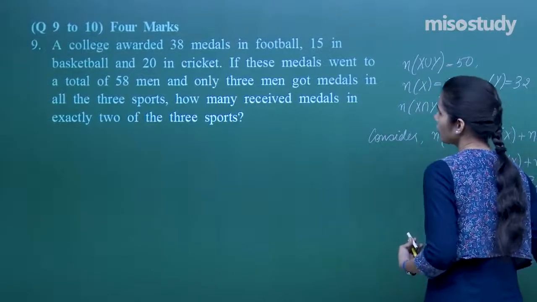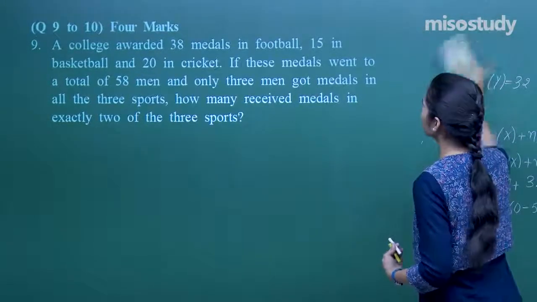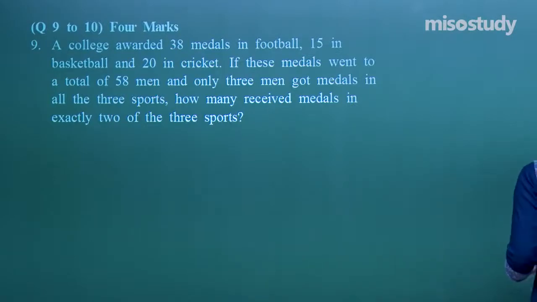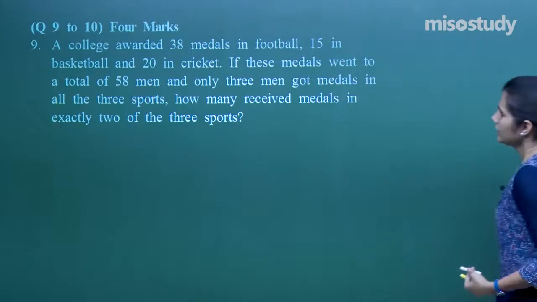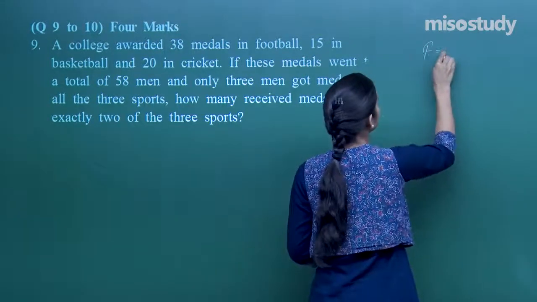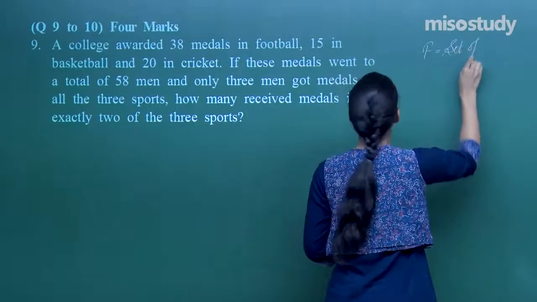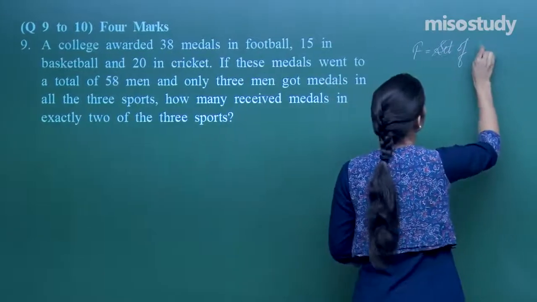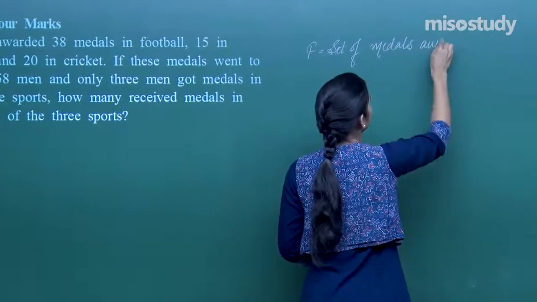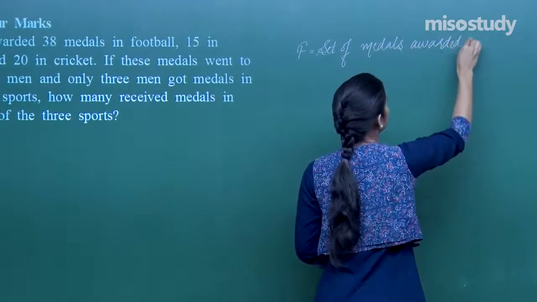Next question we have. A college awarded 38 medals in football, 15 in basketball and 20 in cricket. So basically there are three divisions being made. 38 medals were awarded in football, so let me write F is the set of medals awarded in football.